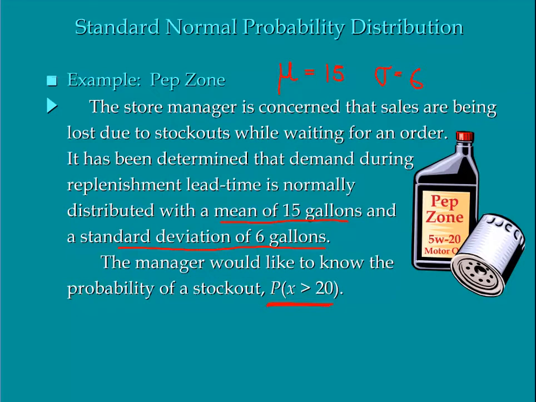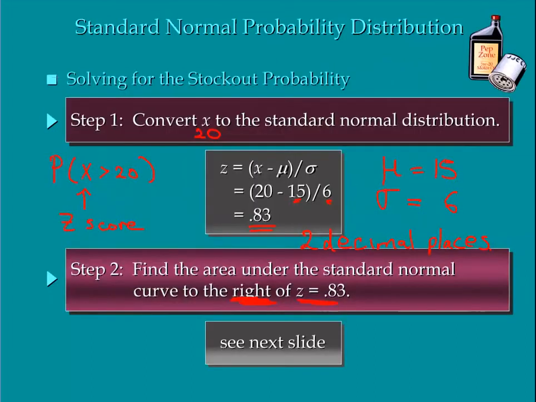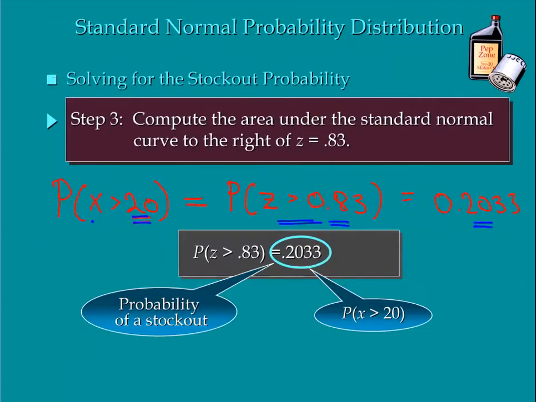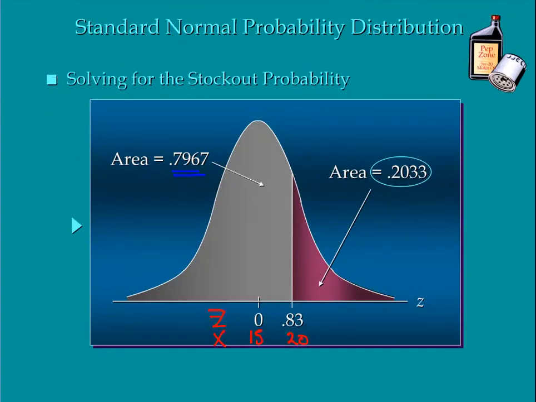In the last example, we were asked for the probability of a stock out, where a stock out was 20. When x, the demand, gets greater than 20, what's the probability of that? So let's go back down here. This is from the last presentation, so I'm just going to skip down there again.